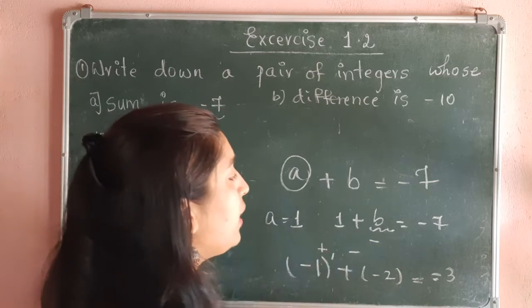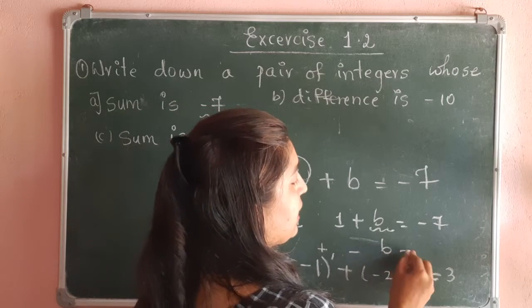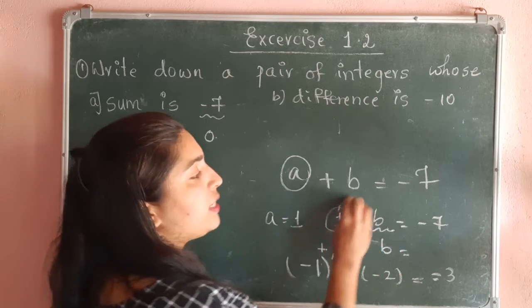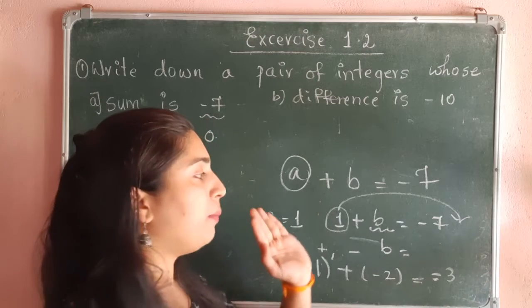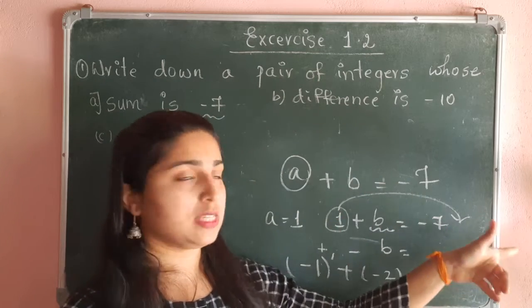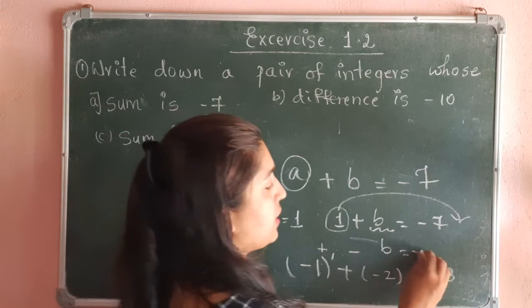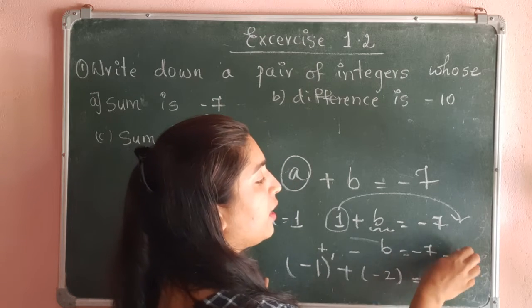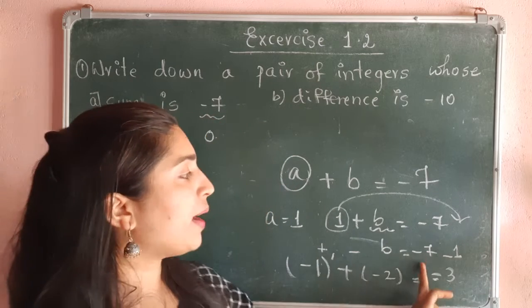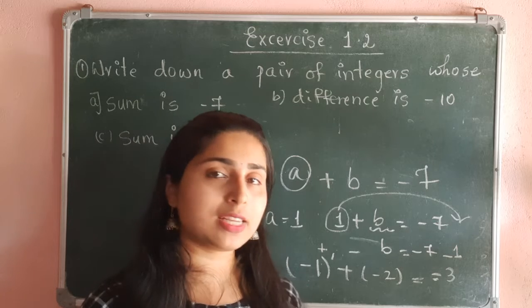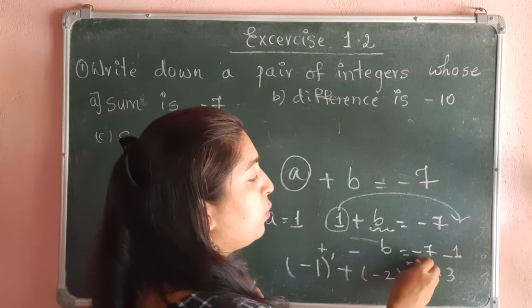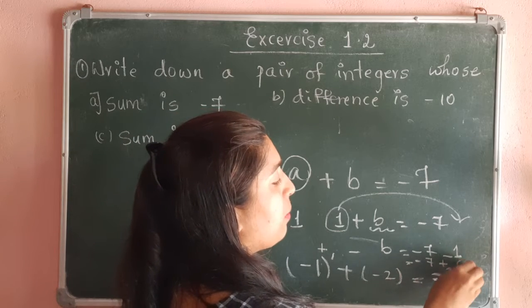Okay. So what we can do is, I will keep b as it is. I will take this from LHS to RHS. So when I am taking from LHS to RHS, the sign of this changes. If it is plus 1, here it becomes minus 1. So minus 7 and minus 1. It is equivalent to minus 7 plus minus 1.